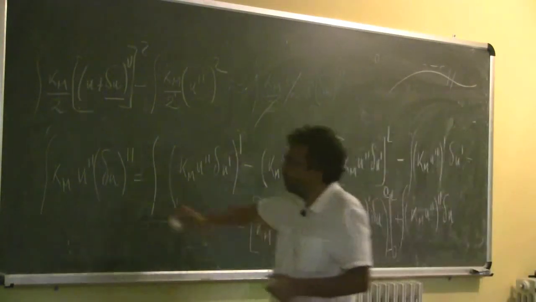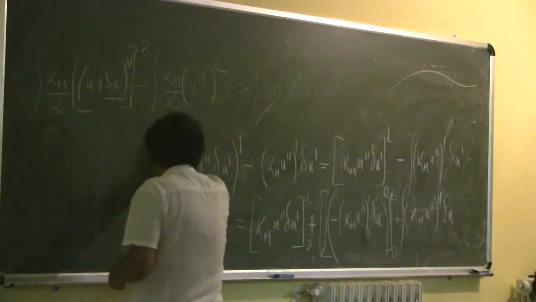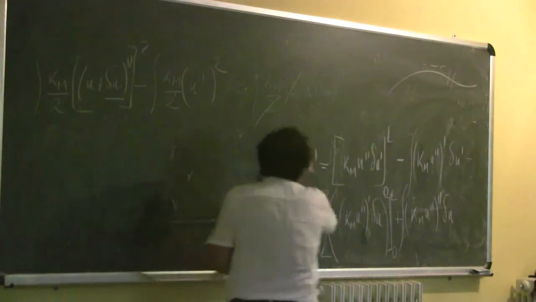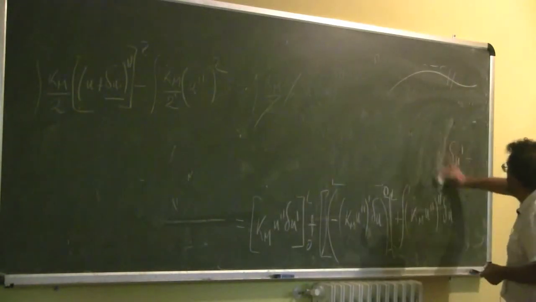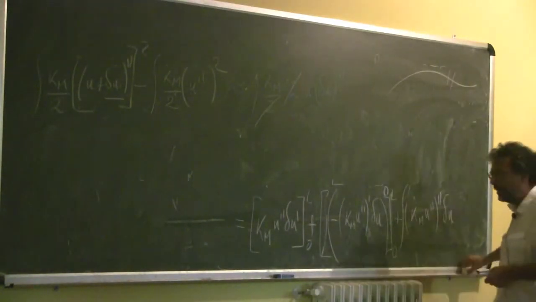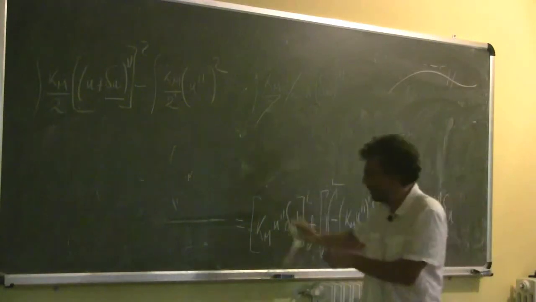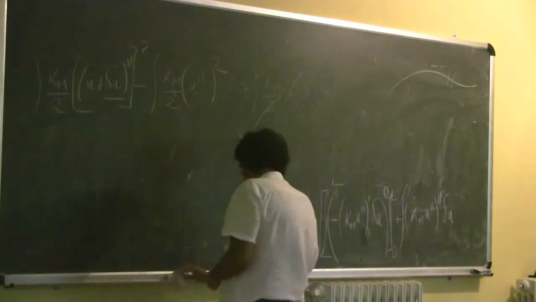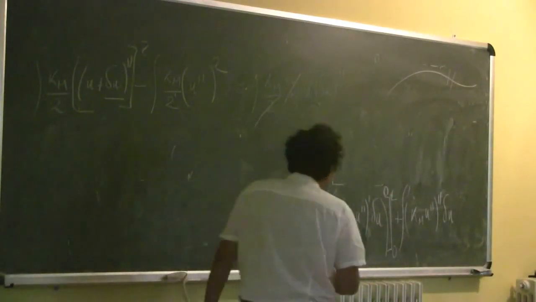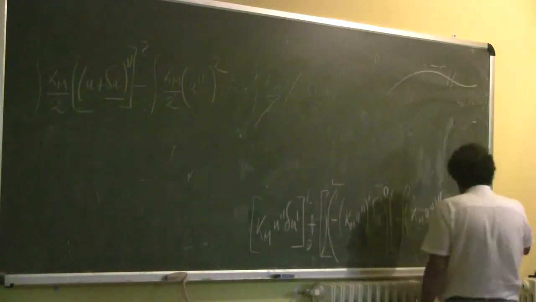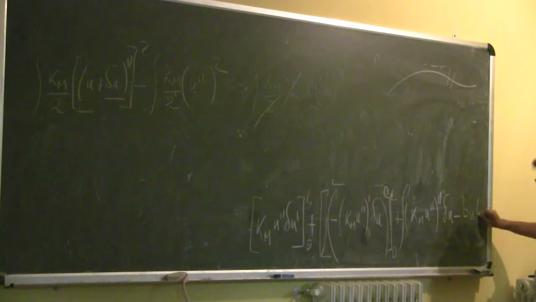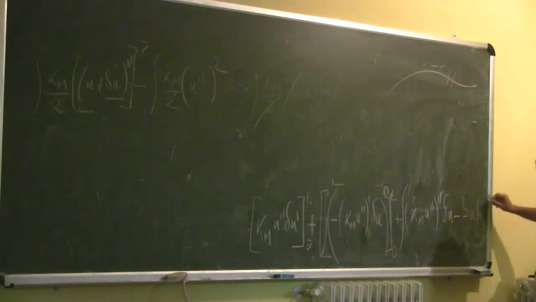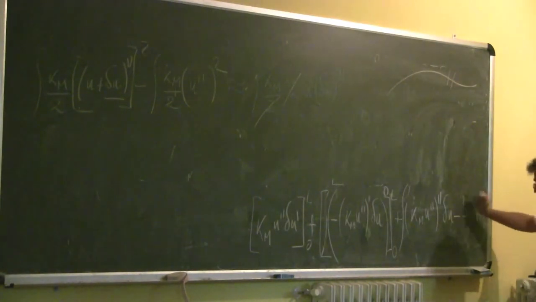So I erase the calculation terms and here I have minus BUS, delta US.